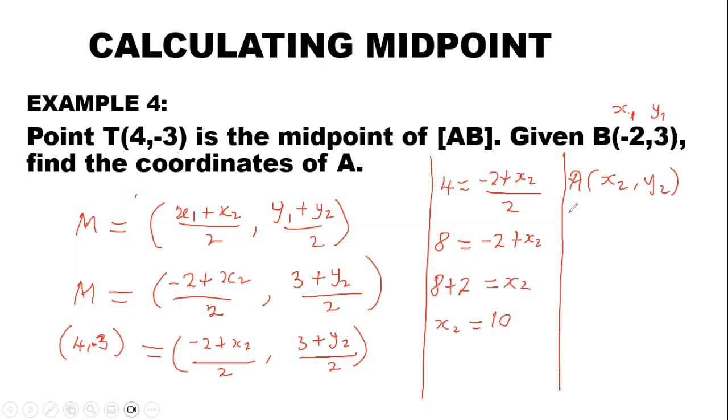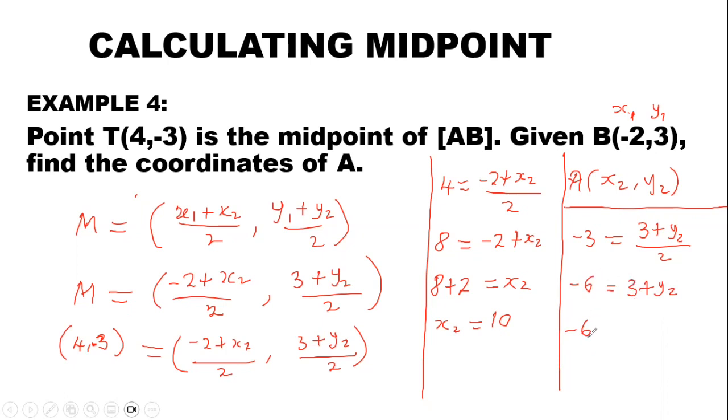So similarly, we can find the y coordinate by comparing them. So -3 should be equal to (3 plus y2) all over 2. So if you multiply both sides by 2, then -6 is equal to 3 plus y2. To make y2 stand alone, we send 3 across the equal sign.